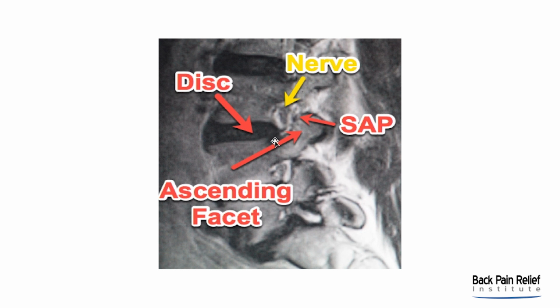This is the ascending facet, the notorious, almost guillotine-like superior articular process, and you can actually see it exerting some pressure in here already. We have the descending facet over here. So this is how it would look on an MRI scan.